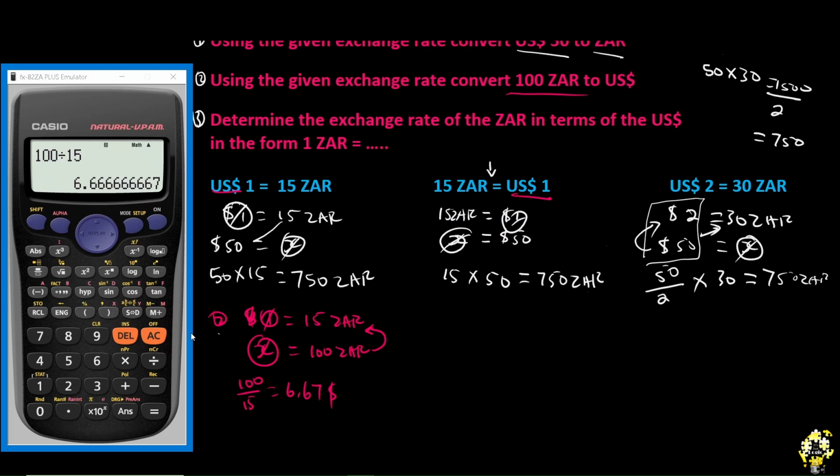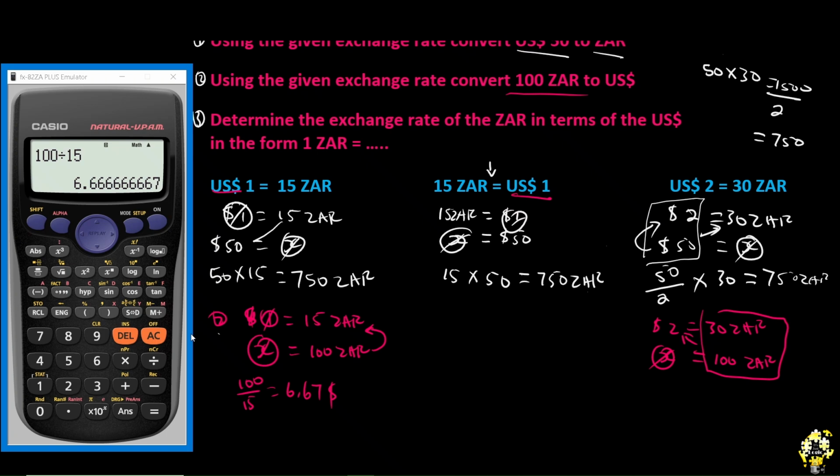Now, let's come to this one. Here we are going to say that when you have $2 in America, you can exchange them for 30 South African rands. Again, where are our rands, left or right? Well, they're on the right, therefore let's put them there. Do we have the dollar? No, that's what we are looking for. Cancel X, there is no 1, so there's nothing else to cancel. If they are sitting on the same side, what do you do to them? You divide them. If you also have a number across, what do you do to it?